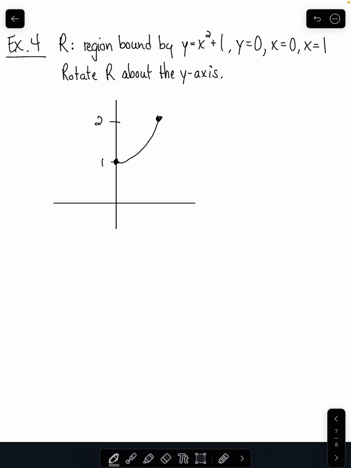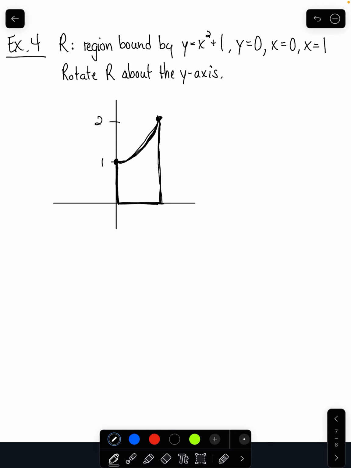We also have x equals 0 being the vertical axis, x equals 1 being another vertical line, and y equals 0 being the x-axis. So our region is enclosed here. And then this region is going to be rotated about the y-axis.